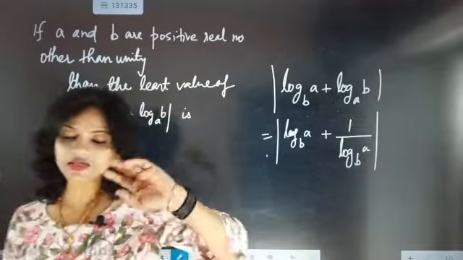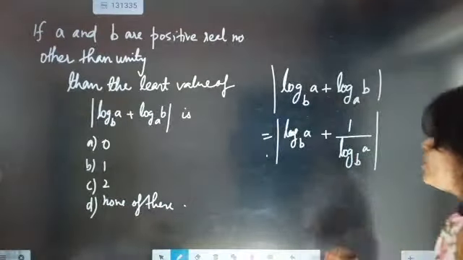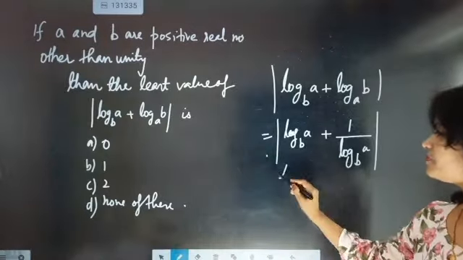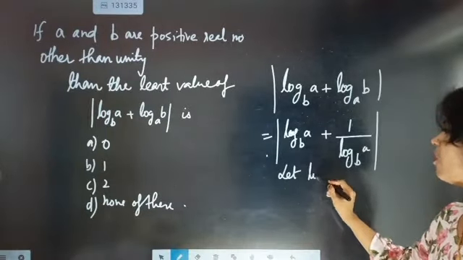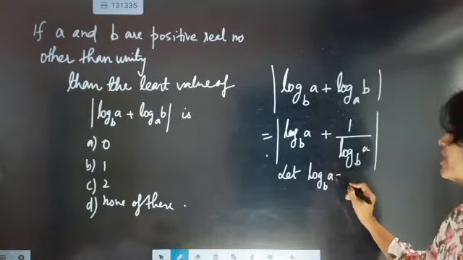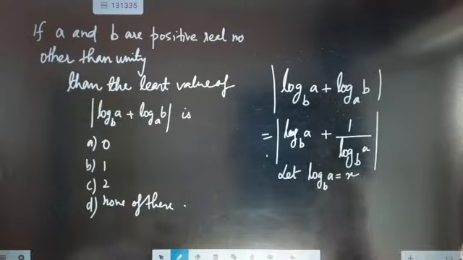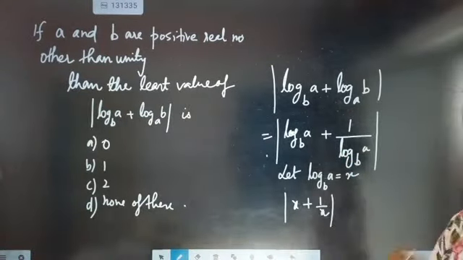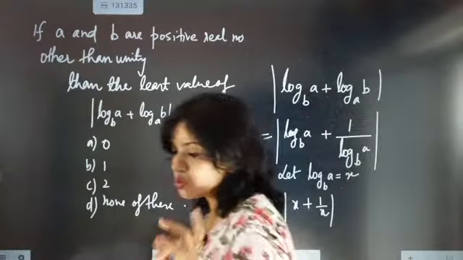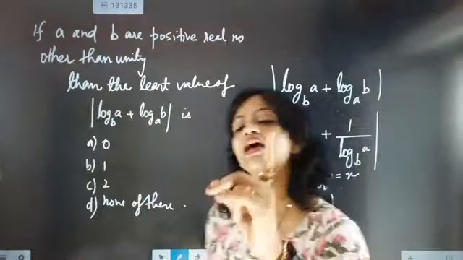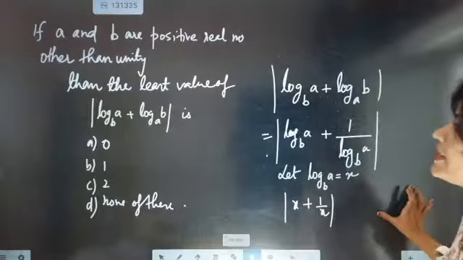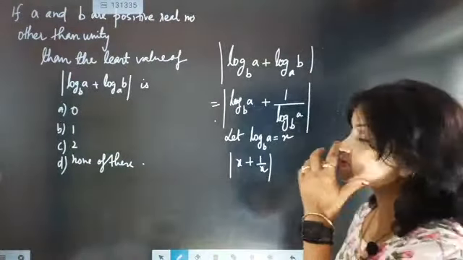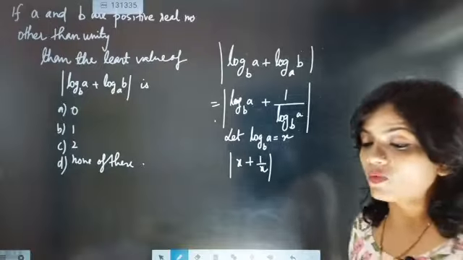Now once they look the same, let us suppose log base BA equal to x. The moment you take this as x, it is coming as x plus 1 by x. Now from here you have to take two cases, because strictly they have told you that you cannot take unity, means you cannot take 1, and since log is there, we cannot take 1 exactly.